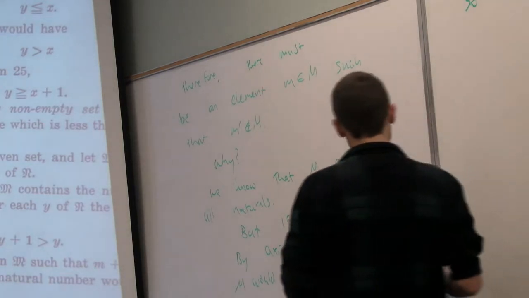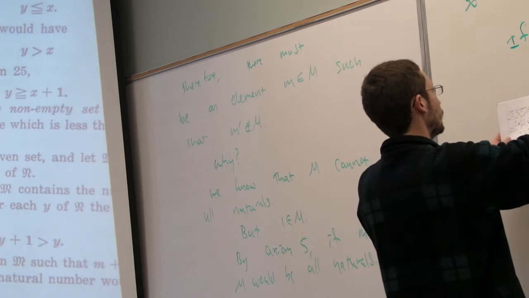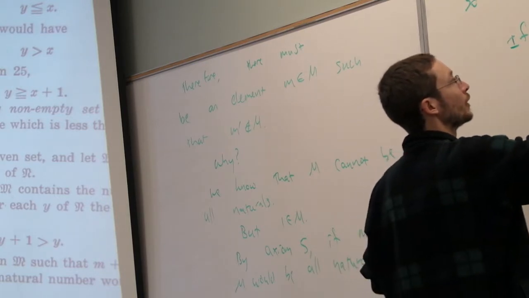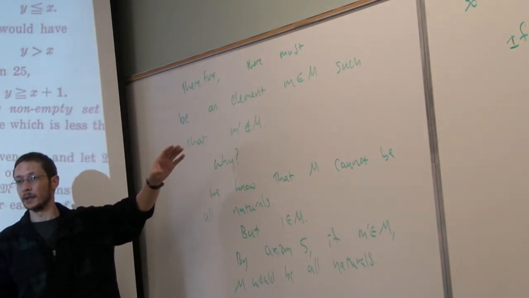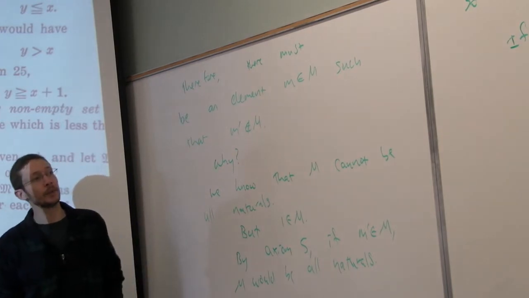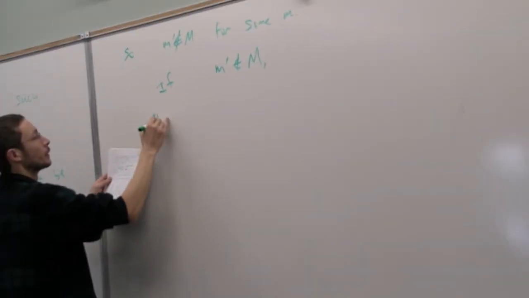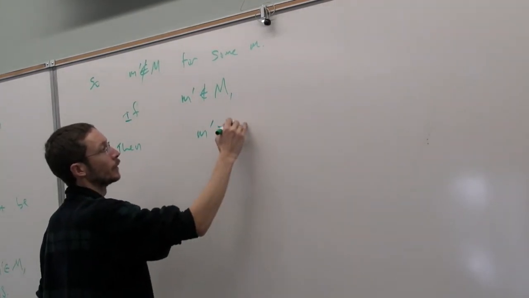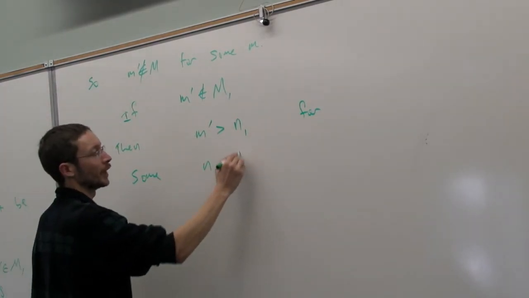What we're going to do is, if M's successor is not in M, which we've now verified, there is some M where we pick it up, take its successor, and it doesn't land back in M. So if that thing has a property that when you take its successor you don't land back in M, then what that means is that M's successor is greater than N1 for some element of N.